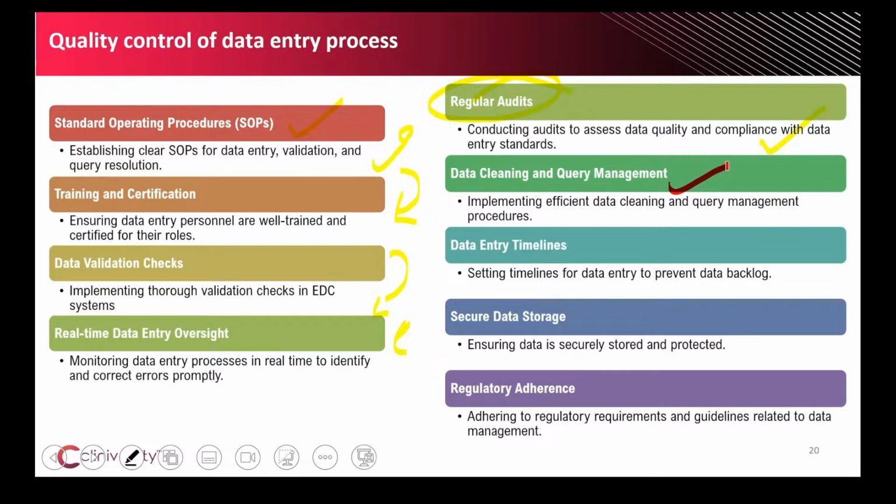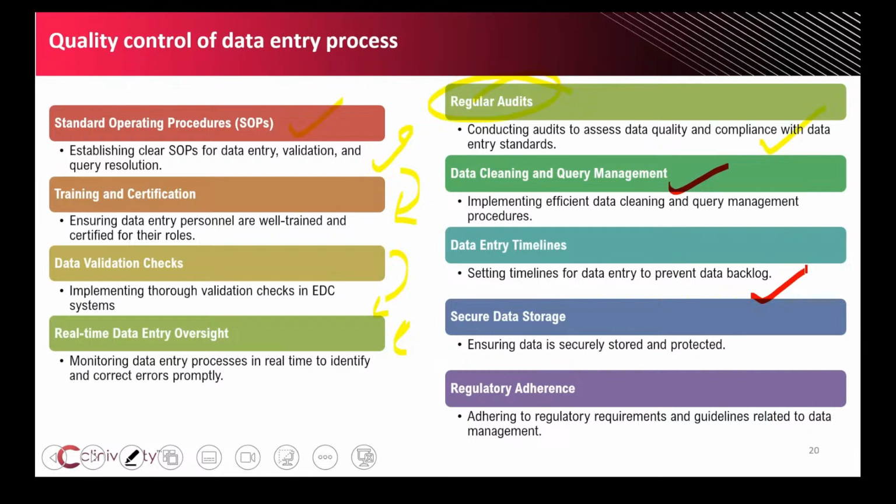There should always be timelines for data entry. Usually, there's a timeline of 5 days given to the sites and the data entry personnel once the information is available. This ensures that there is no data entry lag most of the time, and then we have data available as real time as possible.